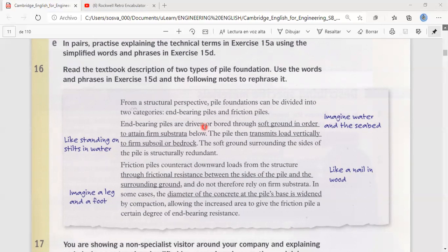In some cases, the diameter of the concrete at the pile's base is widened by compaction, allowing the increased area to give the friction pile a certain degree of end-bearing resistance. Okay. So you're going to add the words, and of course you need to change what is underlined. What is underlined is technical vocabulary. So we need to change it, but explain the same idea with the same meaning.